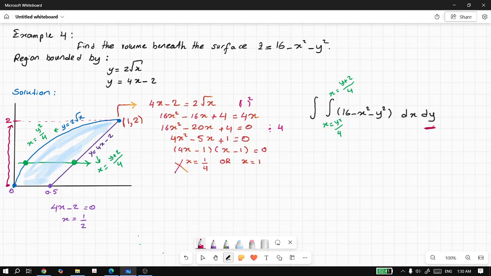So y runs from 0 to 2. Now we know the limits of integration for x and y.